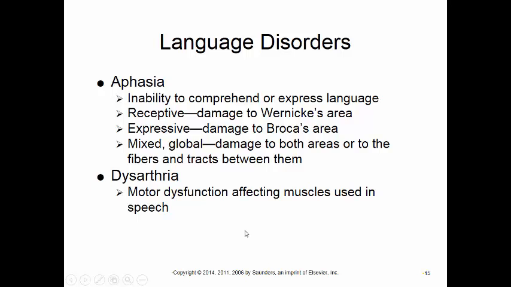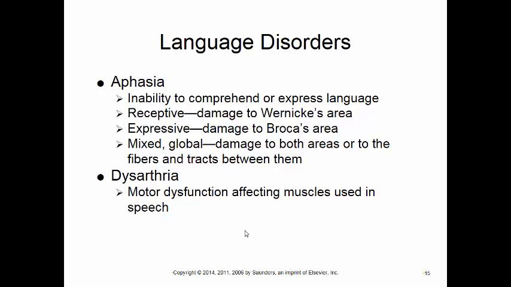There also can be language disorders like aphasia. And aphasia is the inability to comprehend or express language. So you're unable to understand or express. There's receptive, which is where you cannot understand what somebody's saying, but you can talk, and it's damage to the Wernicke's area.